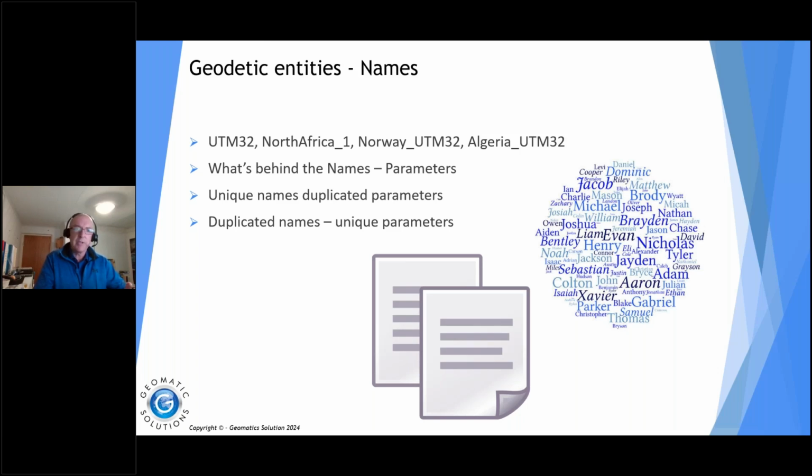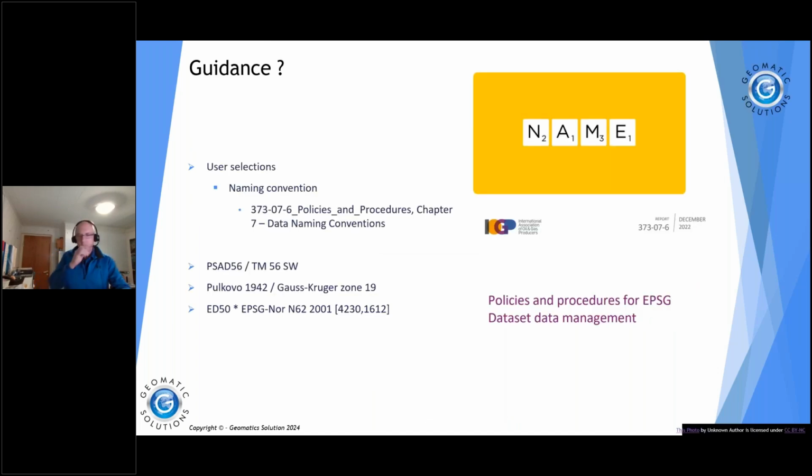So the first thing that we do is actually change the naming and make sure that people follow some guidance on the names. There is an organization called the IOGP, which provides guidance documentation. In this case, we are talking about a document called 373-07-6, Policies and Procedures, Data Naming Conventions.